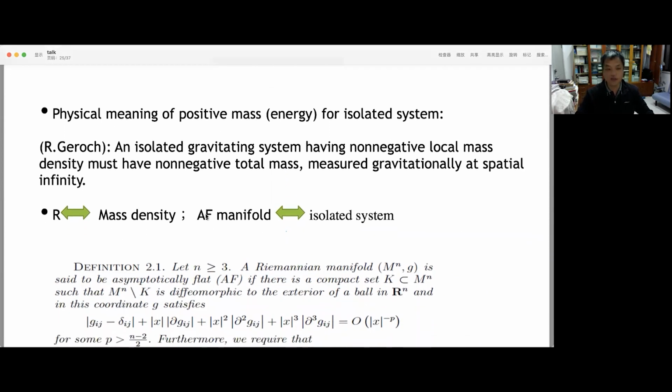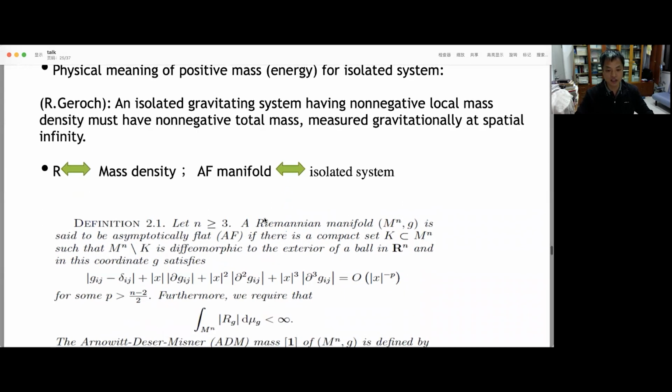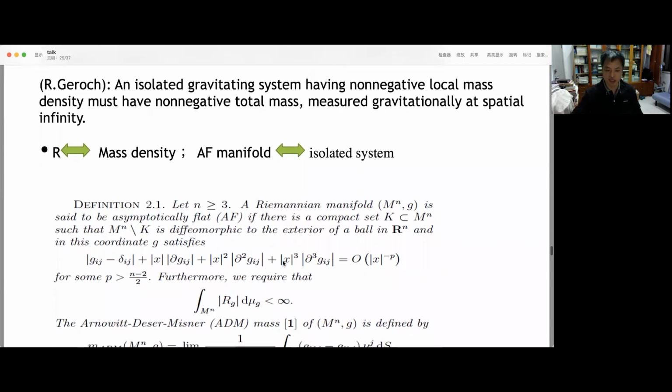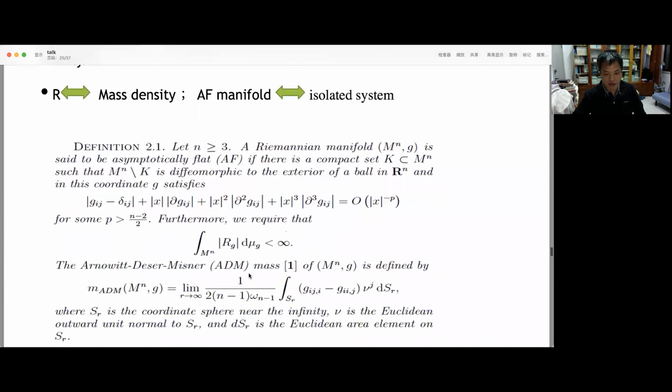As I mentioned before, mass density can be interpreted as scalar curvature, and an isolated system can be described by an asymptotically flat manifold. Now, this is the definition of an asymptotically flat manifold, and I think everybody knows this, so I will just skip it. And for an asymptotically flat manifold with certain decay conditions, we can define a conserved quantity, which is called the ADM mass or total mass.